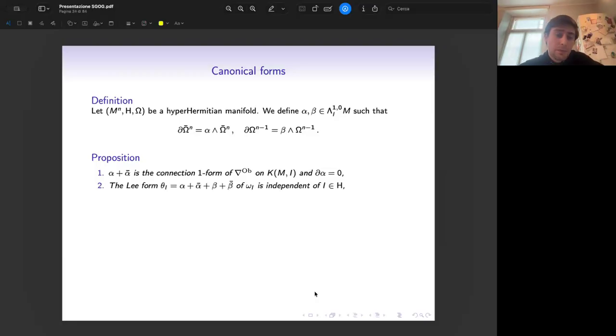Namely, we can recover the Lee form of the pair (g, I) by just summing the real parts of alpha and beta.